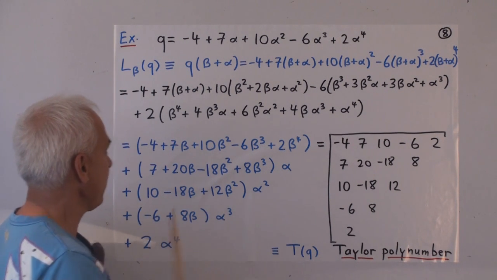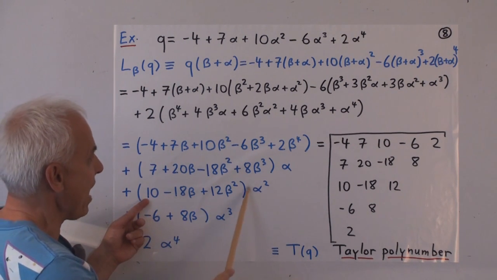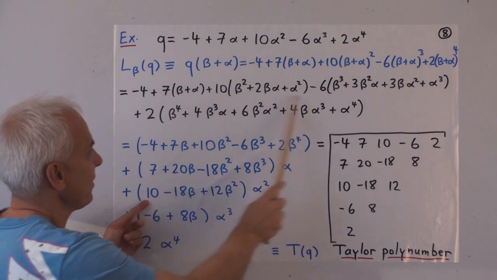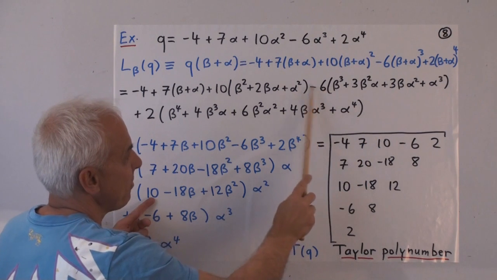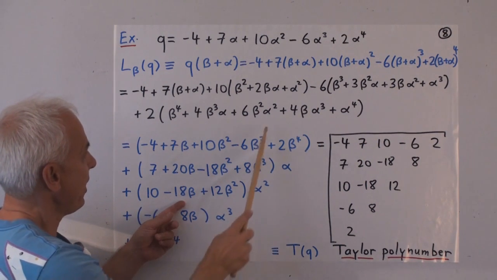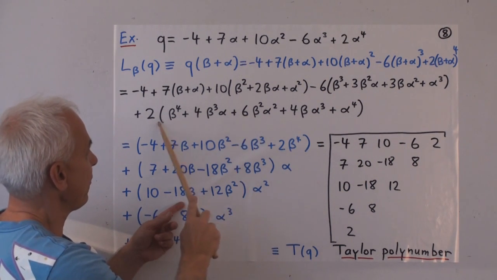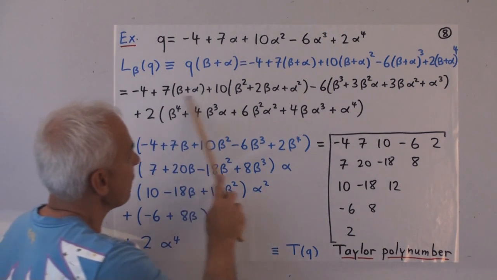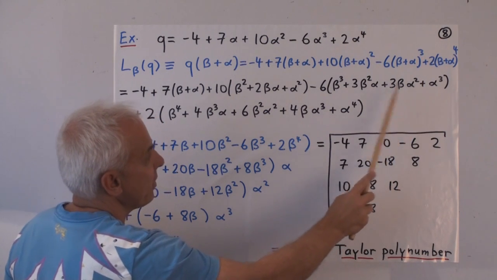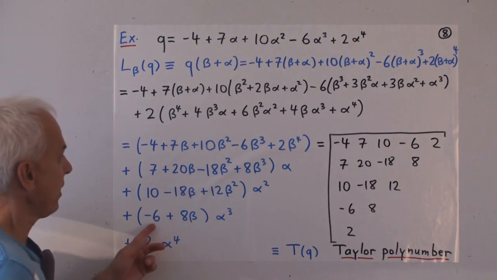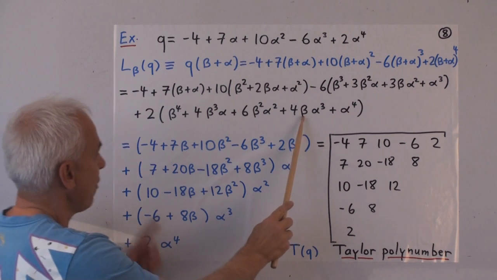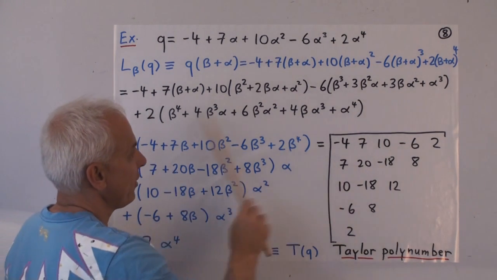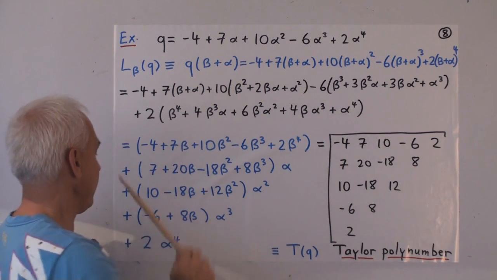So now reading across here, the terms involving alpha squared. There's an alpha squared there times 10, an alpha squared there times minus 18 beta, an alpha squared there times 12 beta squared. There's also an alpha cubed, which appears right there, with a coefficient of minus 6, and also right there with a coefficient of 8 beta. And last but not least, there's an alpha to the fourth times 2.